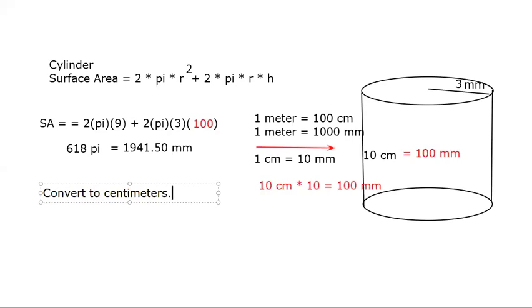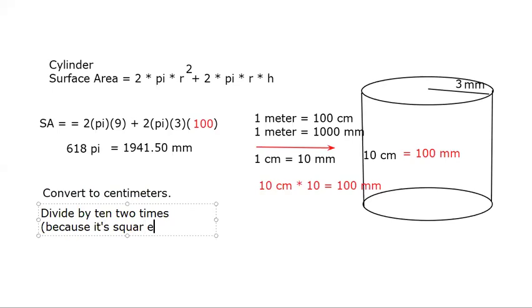Remember when we did this? We converted square units. So if a centimeter is 10 millimeters, we had area we would multiply twice. But we're going from millimeters to centimeters, so you have to divide by 10 two times because it's a square. If it was volume, cubic units, which you'll see in the next lesson, we would divide by 10 three times.